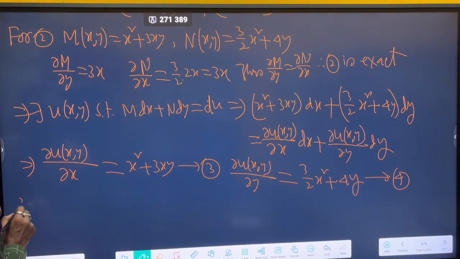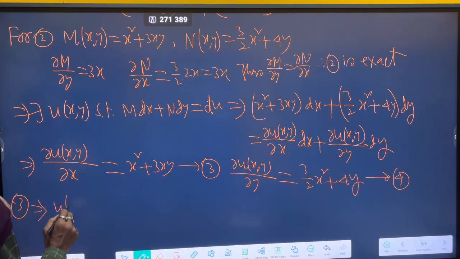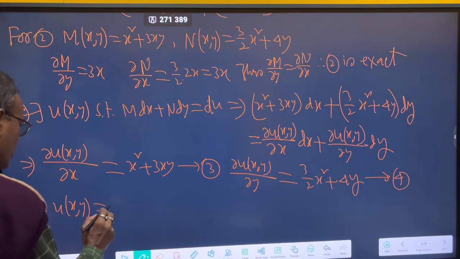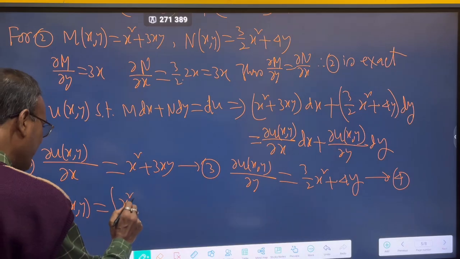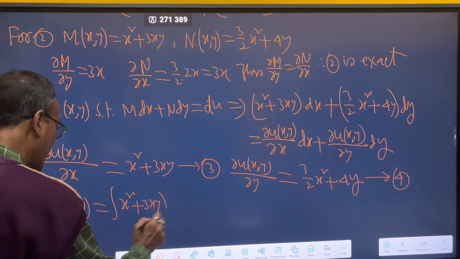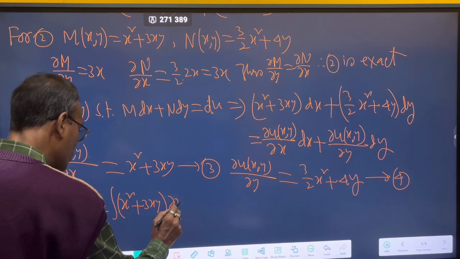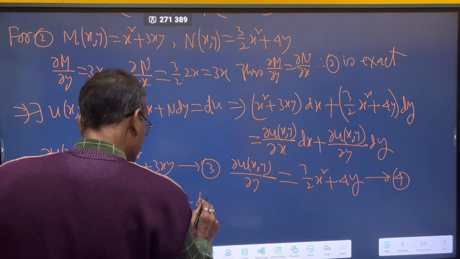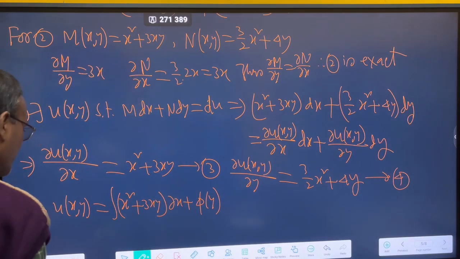From 3, you will get u of x y equal to integral of x square plus thrice xy dx, treating y as constant, plus a function phi of y.